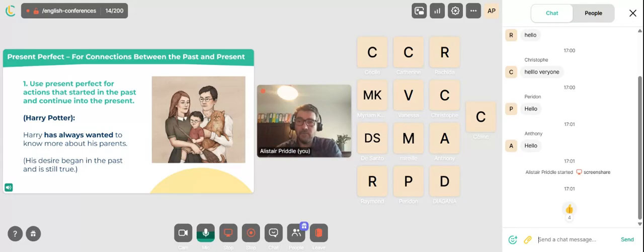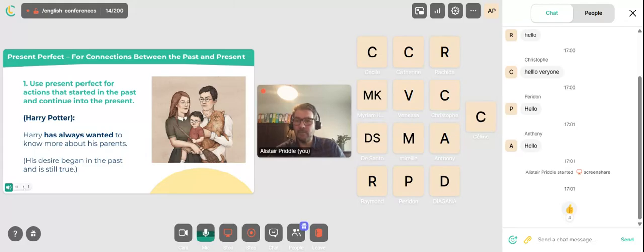This example is related to Harry Potter. Harry has always wanted to know more about his parents. His desire began in the past and is still true today.